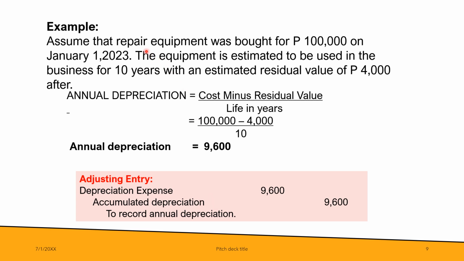Since this is related to repair equipment, your credit can also be accumulated depreciation dash repair equipment, or it's the general credit title or account title, accumulated depreciation. So either of the two is correct, but you have to consider the account title of the entity.